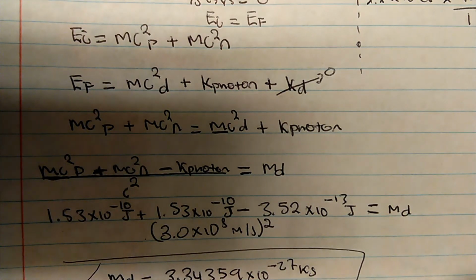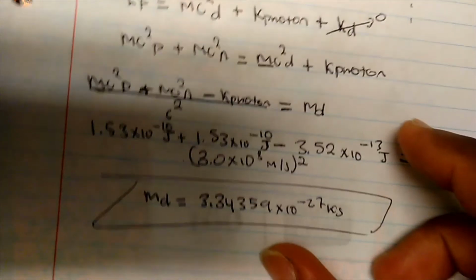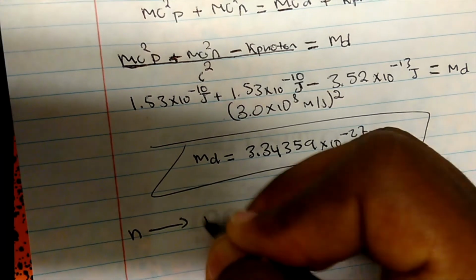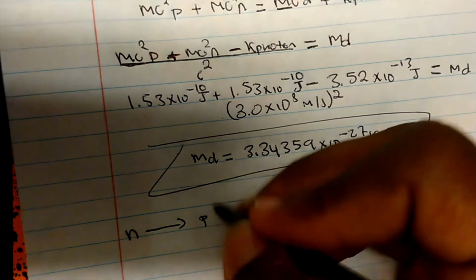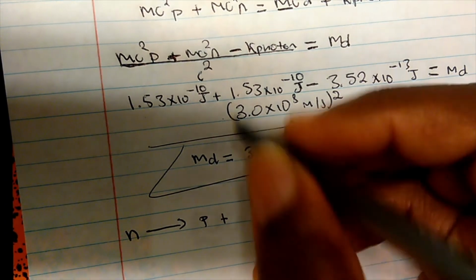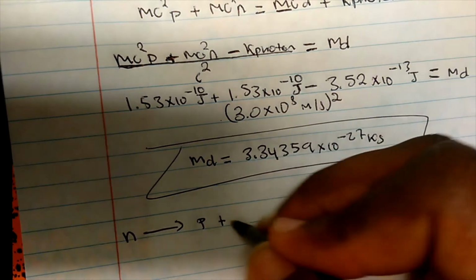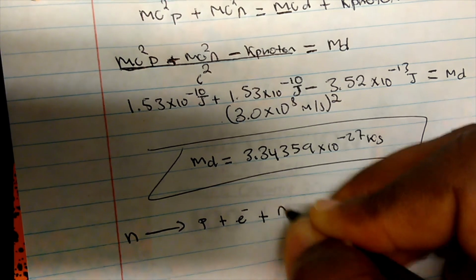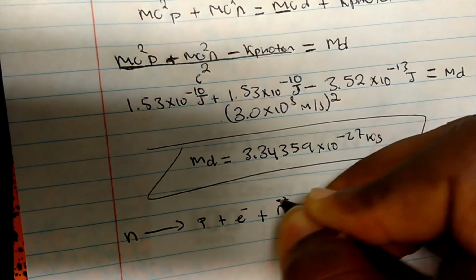Now, there's just something I want to point out as an aside here. With decay problems, and this is not really a decay problem, it's similar. Let's say we have a neutron here, and it decays to give us a proton plus an electron plus a neutrino.